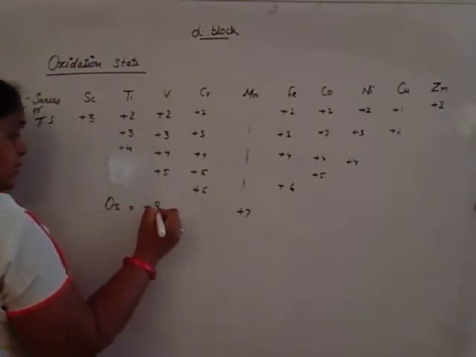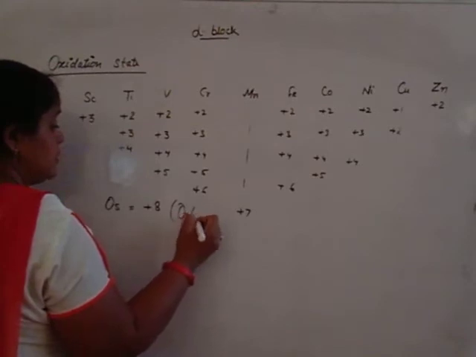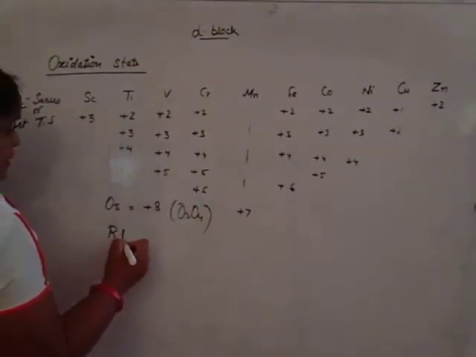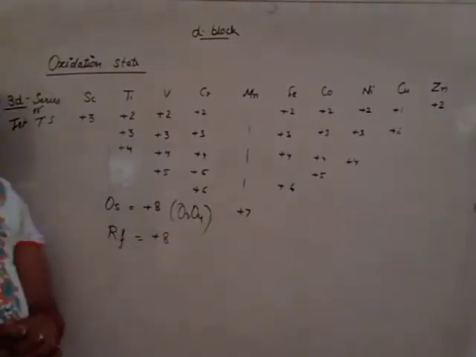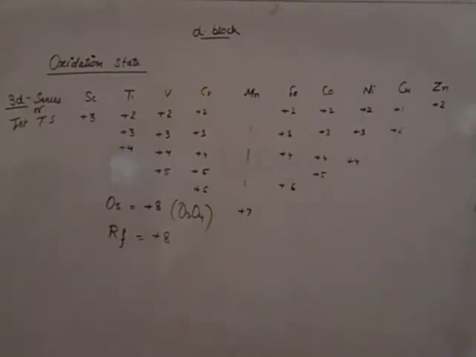It has +8 oxidation state in a stable form in the compound osmium tetraoxide. Another compound is of rutherfordium, which also has +8 oxidation state. More than +8 oxidation state is not possible in chemistry.